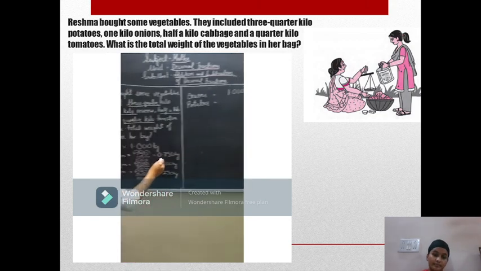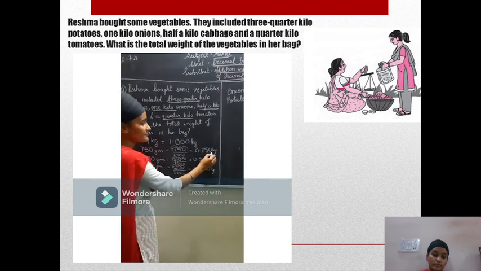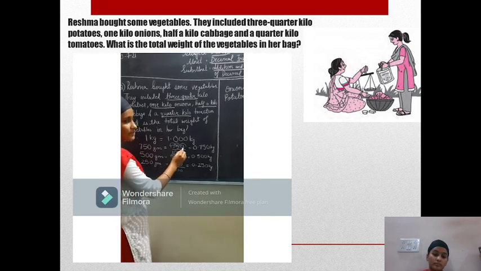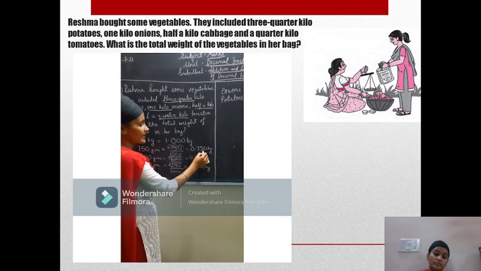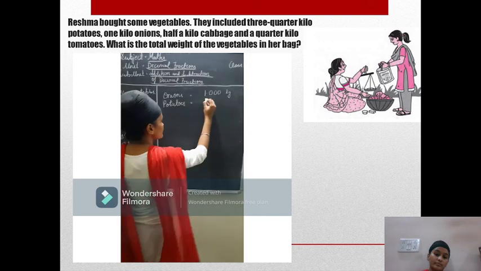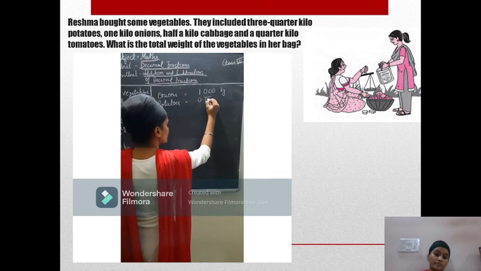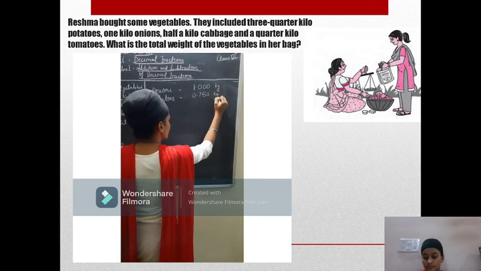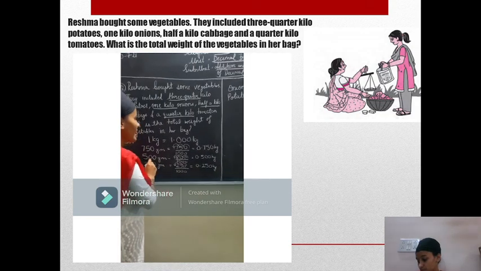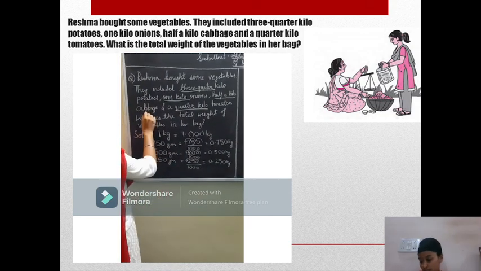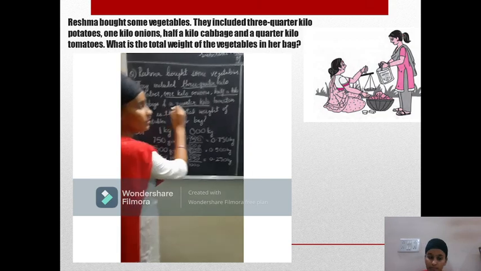So, what was it? 0.750 kgs. You will not write 750. You will write 0.750 kgs. Now, 500 grams is half a kilo cabbage.